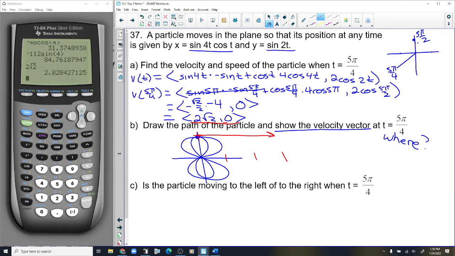It's like having the point 3, 0. So is the path moving to the left or to the right at 5 pi over 4? Well, it's moving to the right. And the speed is the length of this right here. It's moving to the right. Any questions on that?